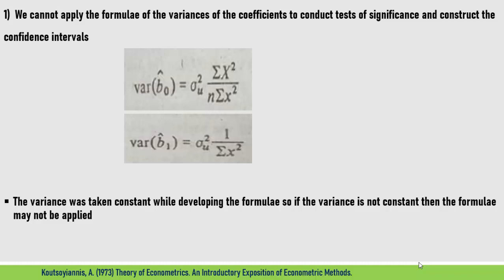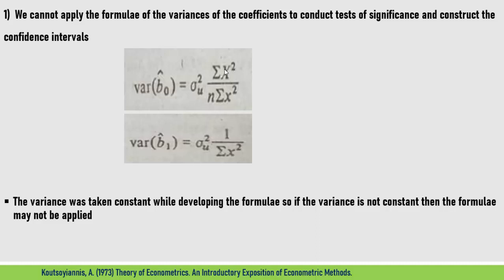Number one is we cannot apply the formula of the variances of coefficients to conduct tests of significance and construct the confidence interval. We see the formula of variance for B naught as equal to sigma square u into the sum of capital X square divided by n summation small x square. Similarly, the variance of B1 is sigma square u over summation small x square.